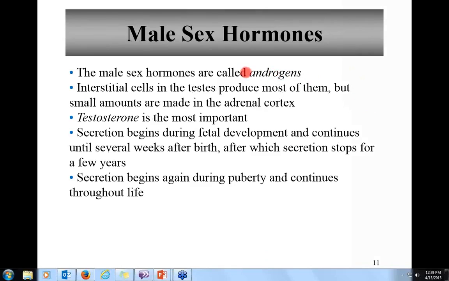The male sex hormones are called androgens, and chiefly among those is testosterone. And after fetal development, it continues and stops after birth, and then it kicks back in puberty, and you start secreting testosterone throughout the life of the male.